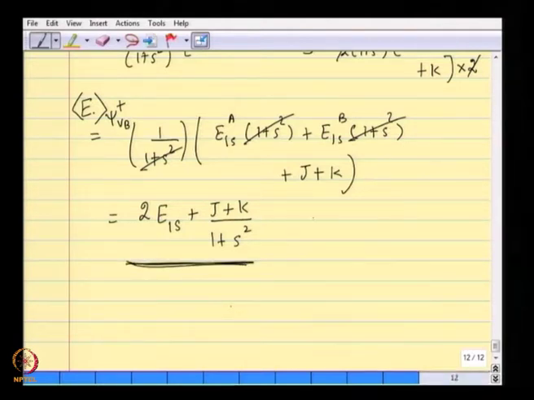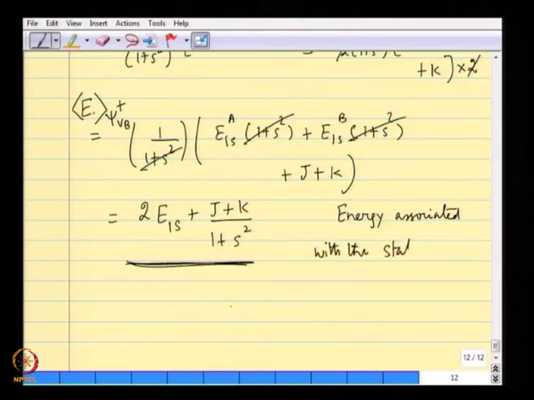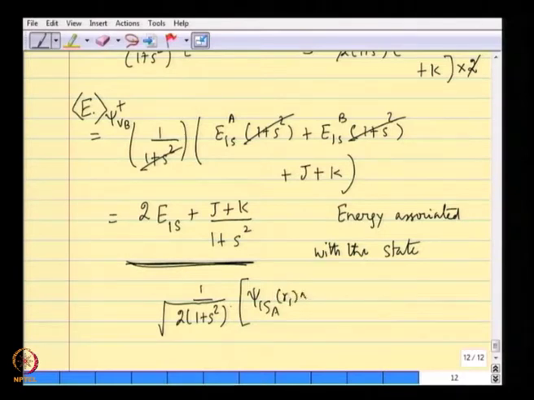Okay. This is the energy associated with the state 1 by square root of 2 into 1 plus S square, psi 1s A(1) psi 1s B(2) plus psi 1s A(2) psi 1s B(1).